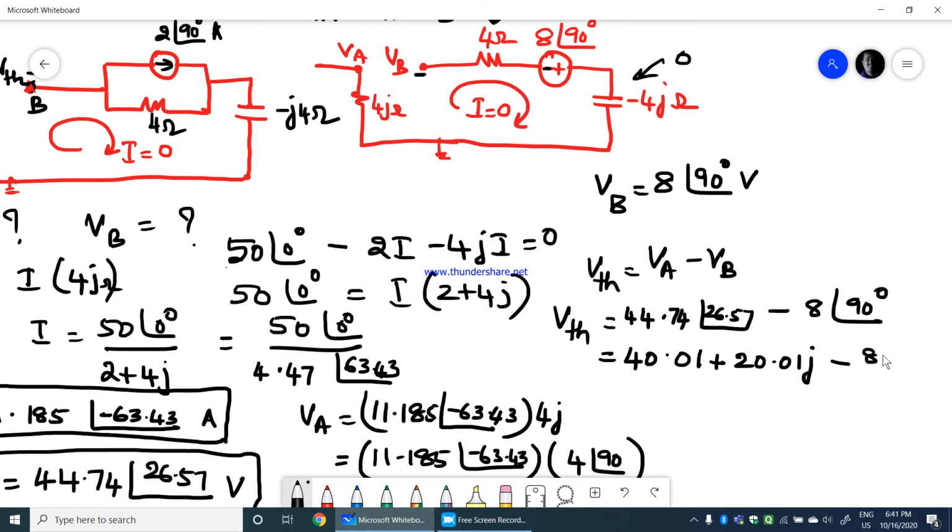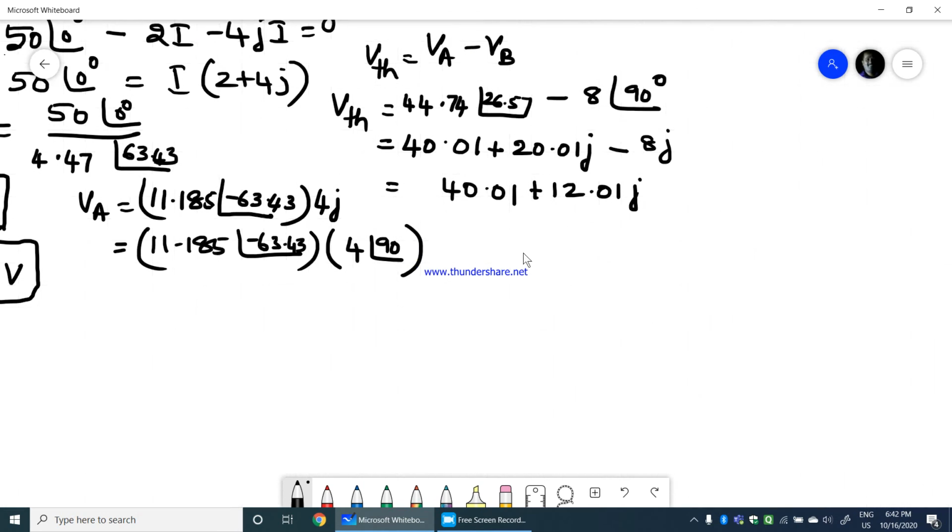Therefore VTH would be equal to 40.01 plus (20.01 minus 8)j, which is 12.01j. If I write this rectangular to polar again, I get VTH equal to shift polar of 40.01 comma 12.01. I'll get 41.773 at an angle 16.70 volts.